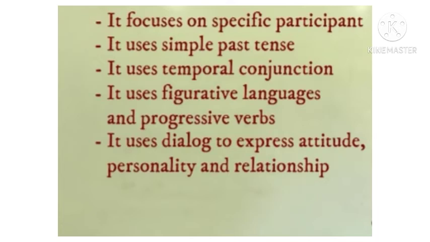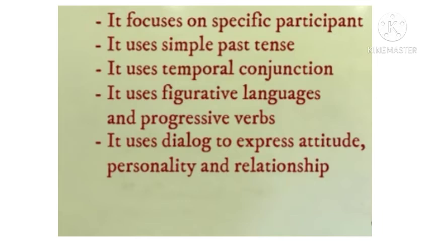The next one is it uses temporal conjunction. Because each sentence and paragraph are continuing each other, that's why there must be connection between those sentences and those paragraphs. Next, narrative text also uses figurative language and progressive verbs.